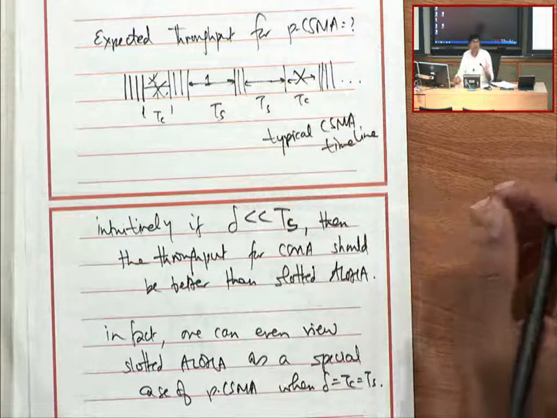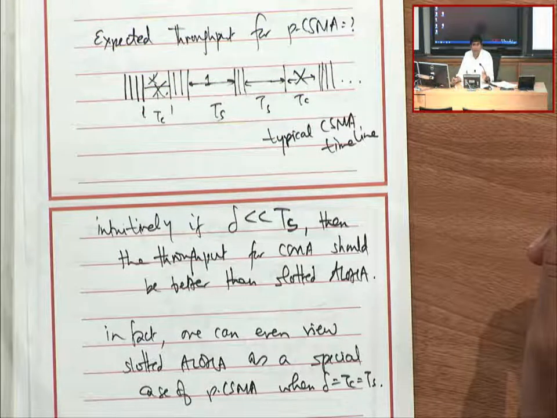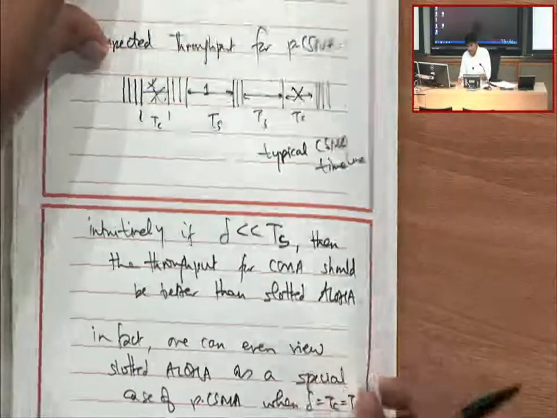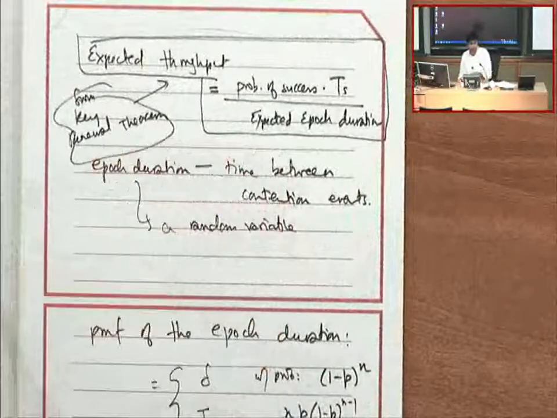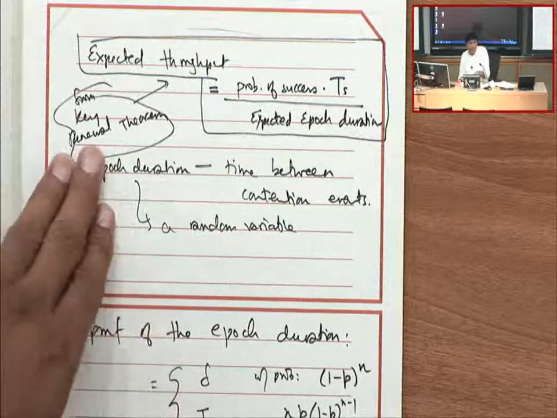This statement is not an obvious statement. But you can derive it, and it'll boil down to the key renewal theorem. So we're not going to do the derivation of it.